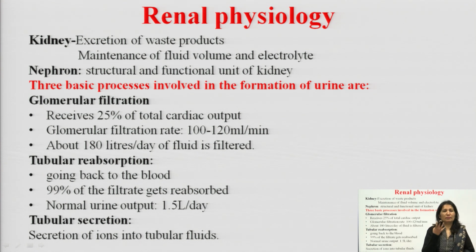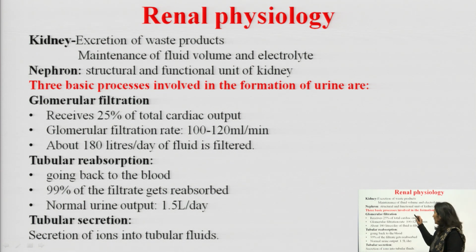As soon as blood gets filtered through the glomerulus, the filtrate comes to the renal tubule. The glomerulus and Bowman capsule receive 25% of the total cardiac output, and the glomerular filtration rate is 100 to 120 ml per minute. About 180 liters per day of fluid is filtered.